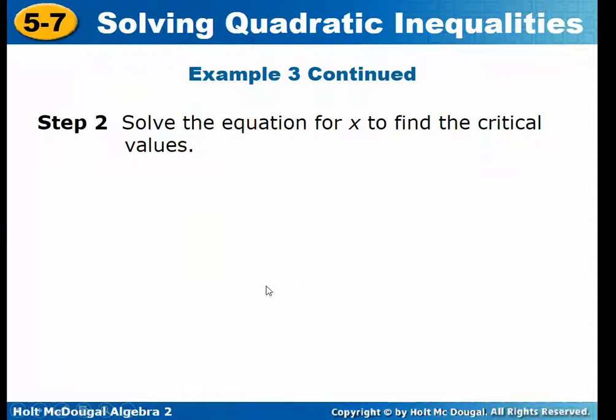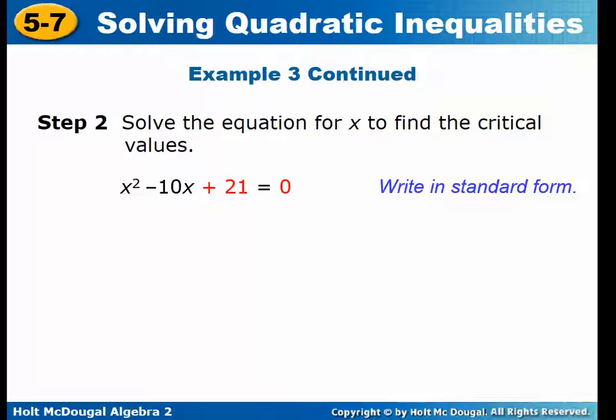And you've done problems like this before. We are going to check and see if it factors. That's one way we could solve this quadratic equation. If it doesn't factor, we could complete the square, or we could use the quadratic formula. However, all of the ones on your worksheet will be factorable, so you can use factoring to solve each of these.